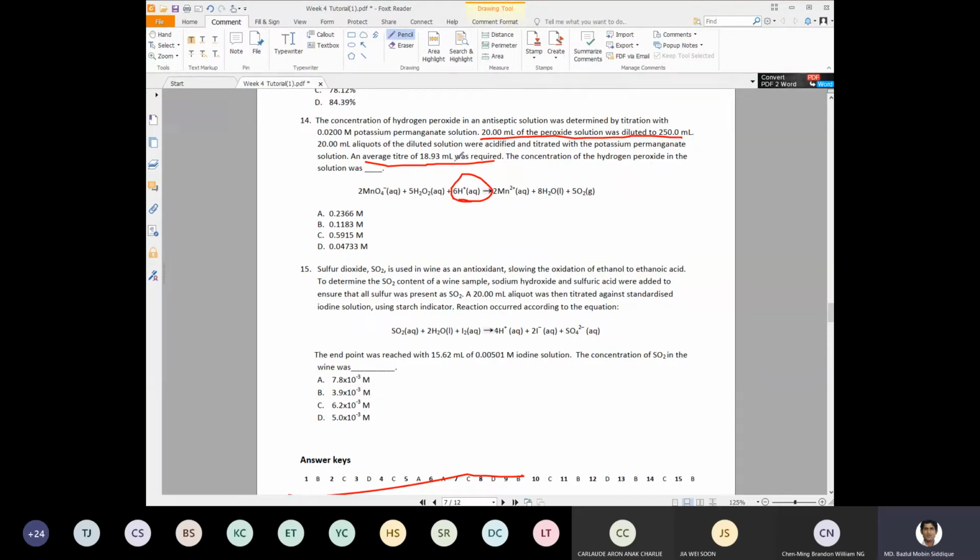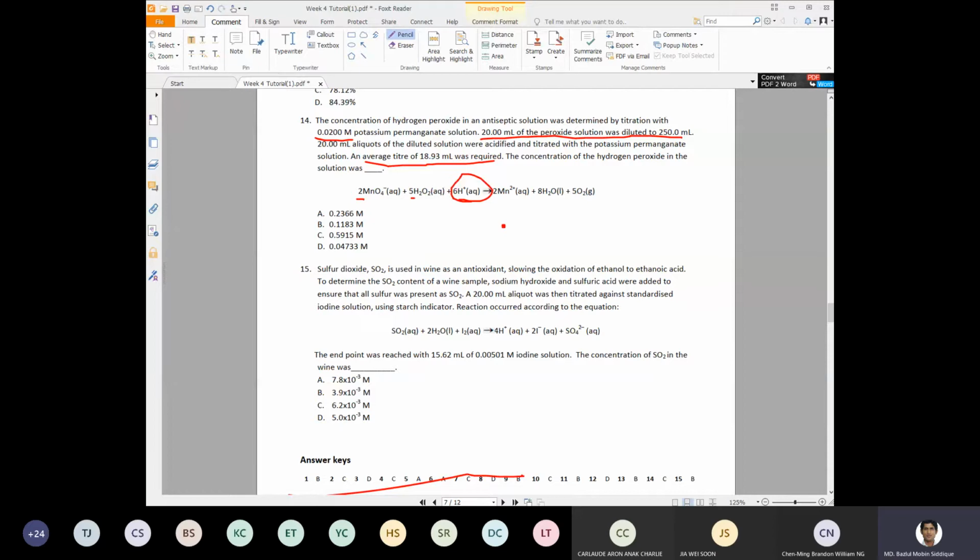So from the concentration and the volume in milliliters, we find the number of moles. And another good thing here is that the permanganate ion and hydrogen peroxide react in a 2:5 ratio.